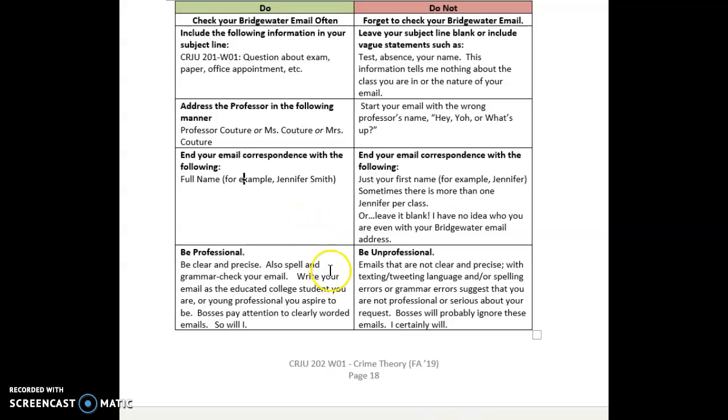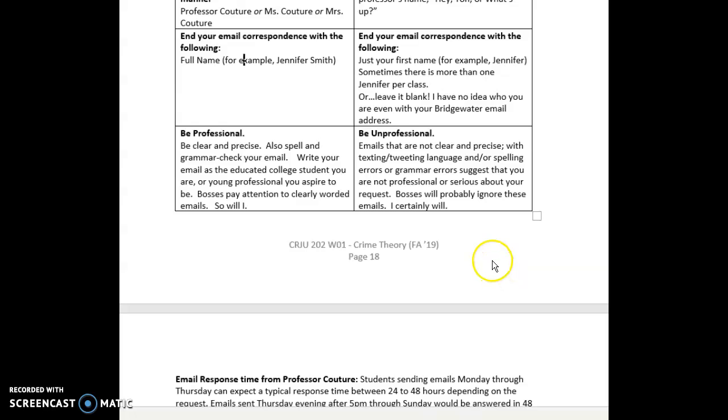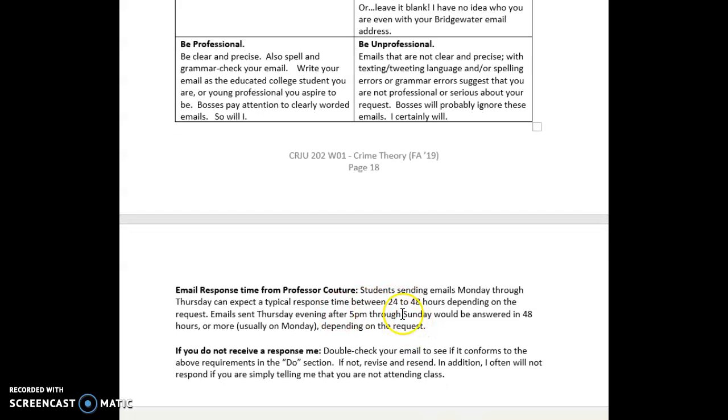I promise you your boss will pay attention to clearly worded emails. Likewise, unclear or error-laden emails will likely either be ignored by your boss or it will result in a conversation that might not be the most pleasant. So work on your written communication skills using emails.